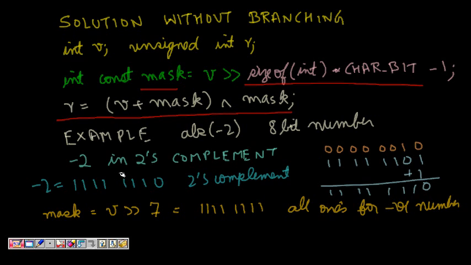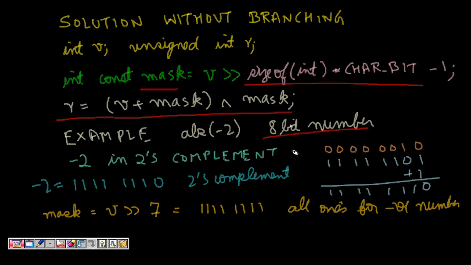We take the example of the absolute value of minus 2. First, let's see how minus 2 is represented on a computer. Instead of a 32-bit number, which is very long for an example, I will consider an 8-bit number and calculate the mask based on that.